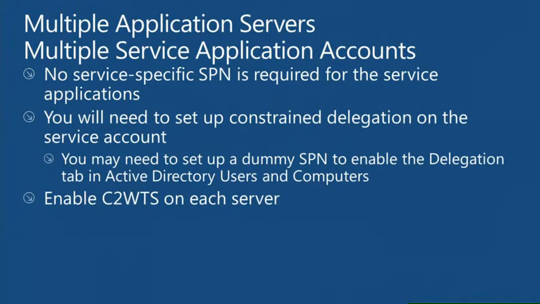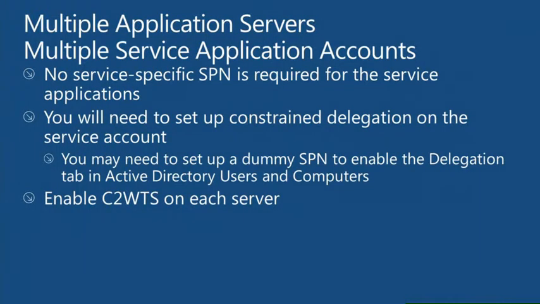Multiple app servers. Constrain delegation on your service accounts for the apps that you're running that need to talk to other applications. If Excel Services doesn't ever need to go out and get data from an external data source, if it's just running as itself, you probably don't need to go any further than that. But if you're trying to refresh workbooks automatically with data from a back-end data source, you're probably going to need to pass some creds around.